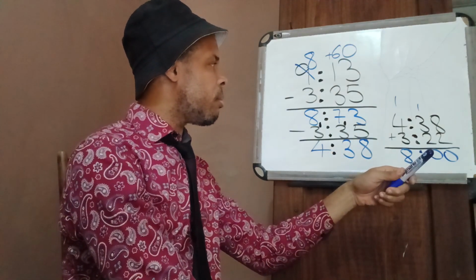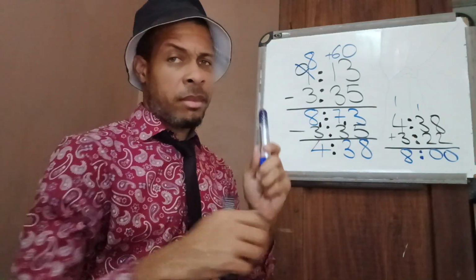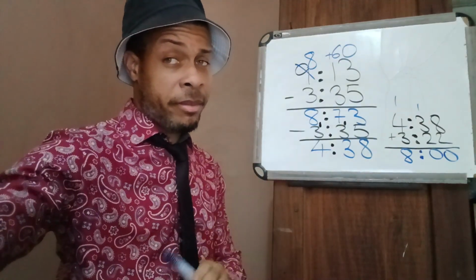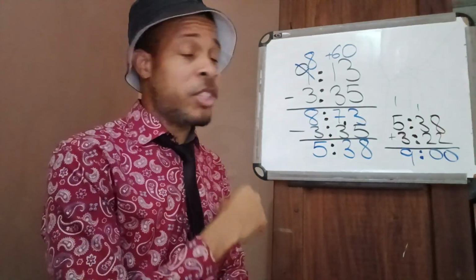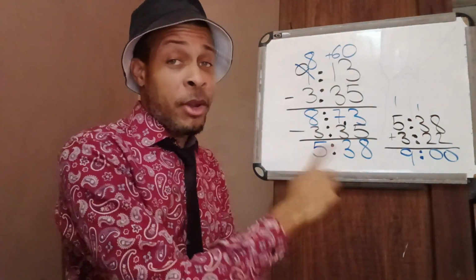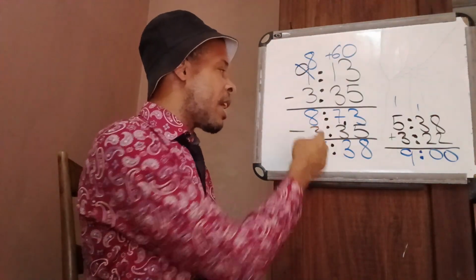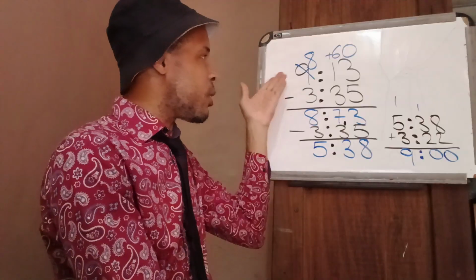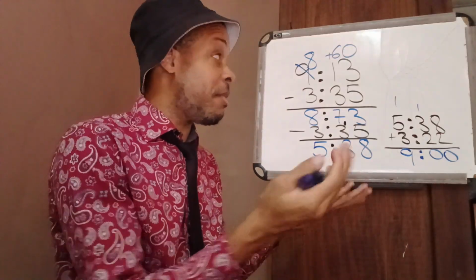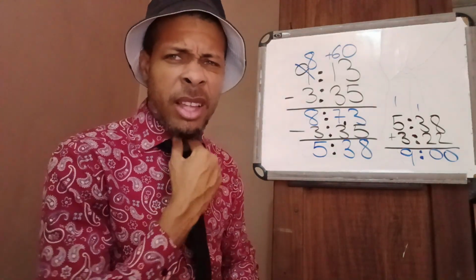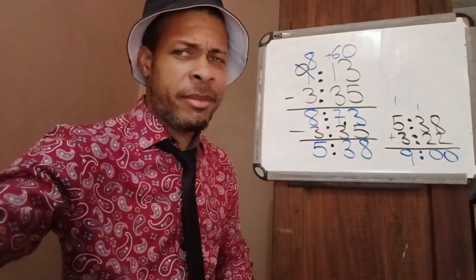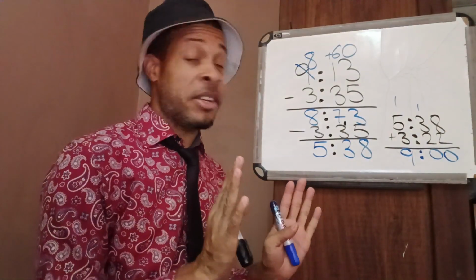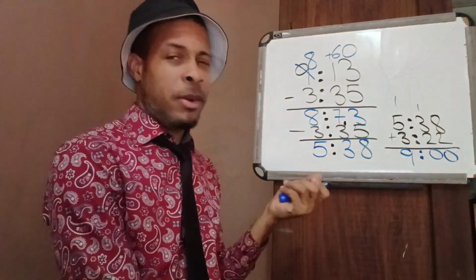Wait. Let me make sure I did everything right. Hold on. That's why they said double check your work. No, only God knows why I tried to carry a 1 over there. I already did the subtraction, so I wouldn't need to do that. Sorry. Hold on. So yes, let me apologize for that. Why did I need to do that?